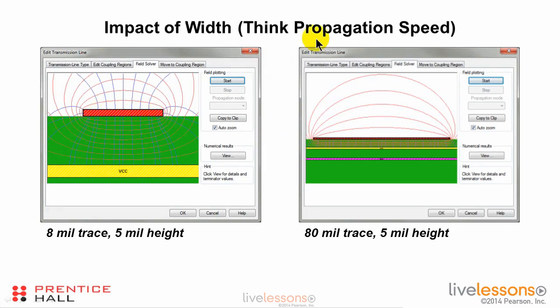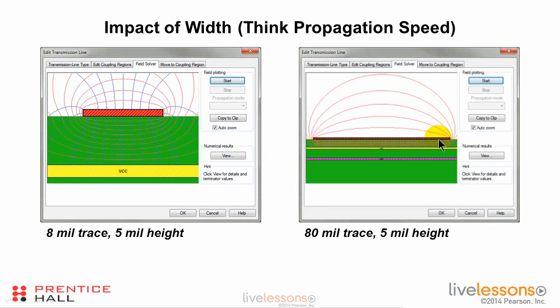Now, the impact of that is going to show up in propagation speed. The speed with which a signal can travel depends on the environment that the electromagnetic wave is in. In this case, approximately half of the electromagnetic wave is in the dielectric, and approximately half is in air. And the signal, or the wave, propagates a lot faster in the air than it does in the dielectric.